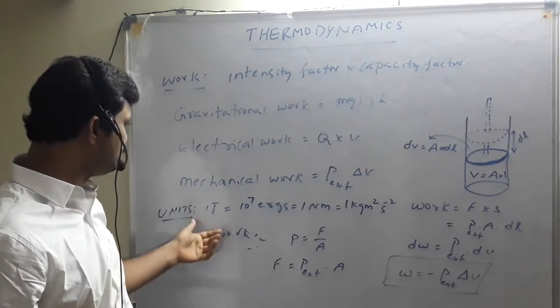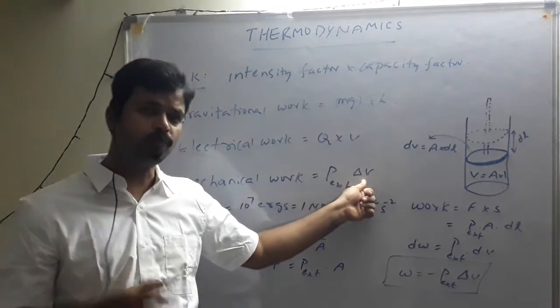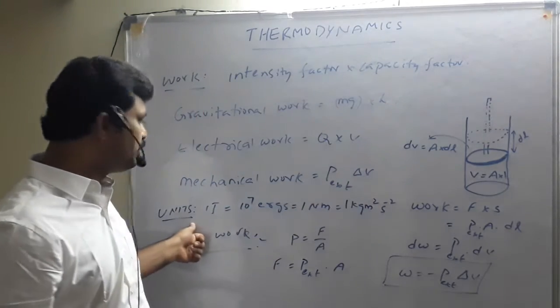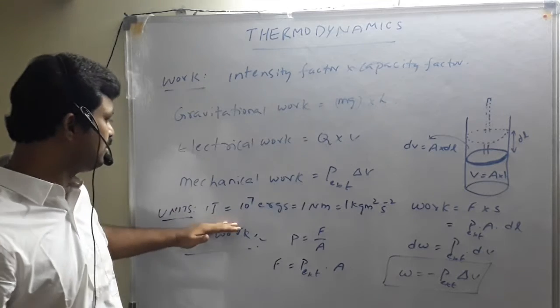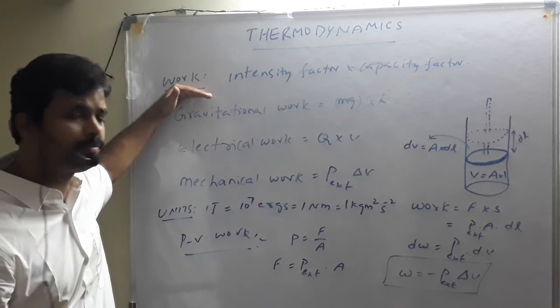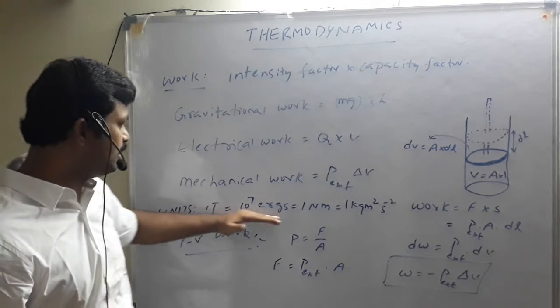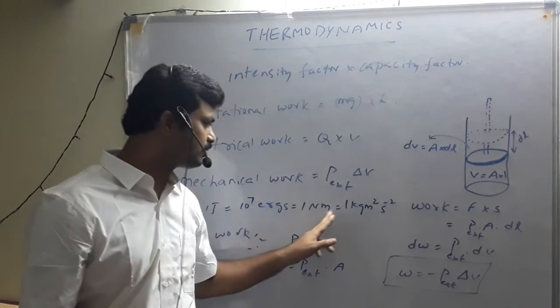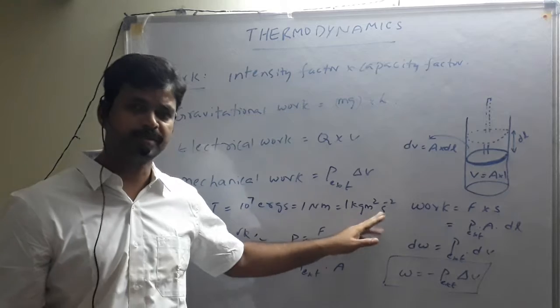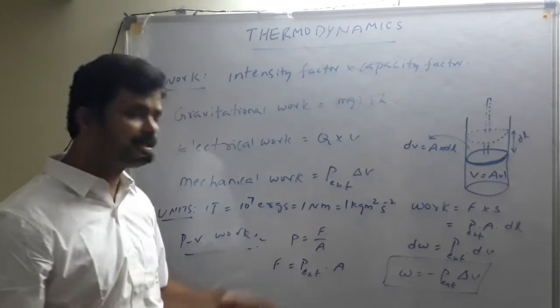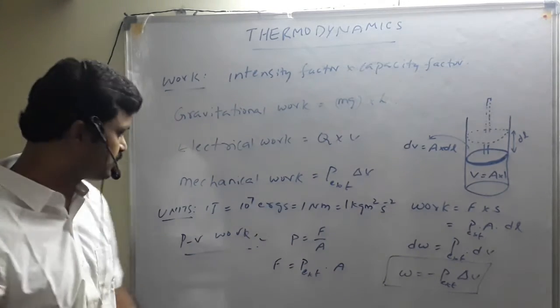And mechanical work is pressure into volume difference. All work units are nothing but energy units only. Both are identical: joule, ergs, Newton meter, or kilograms meter square per second square. These are the units. The unit conversions you see better in the physics topic.